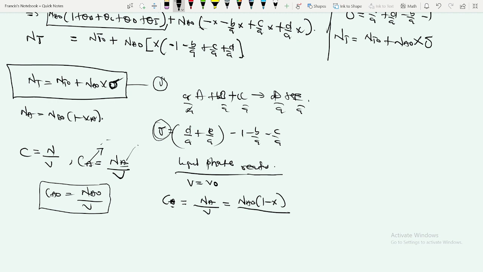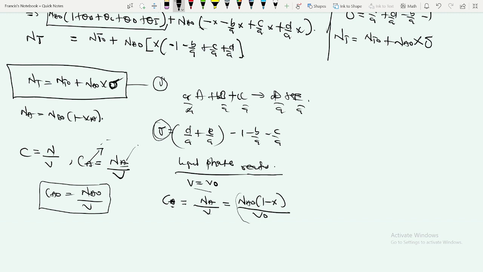My V here can still be V_0, because we are saying that the volume is constant in a rigid tank. So V is equal to V_0. And mostly for liquid phase reactions, the volume doesn't change. So we can just put in our V_0.